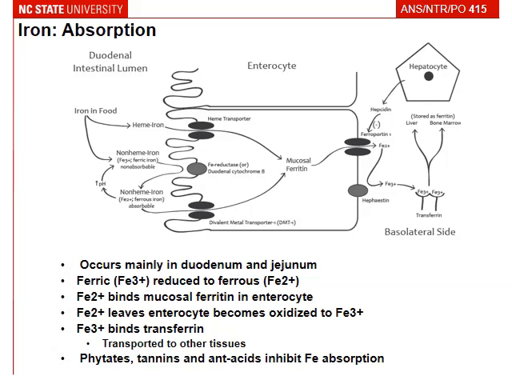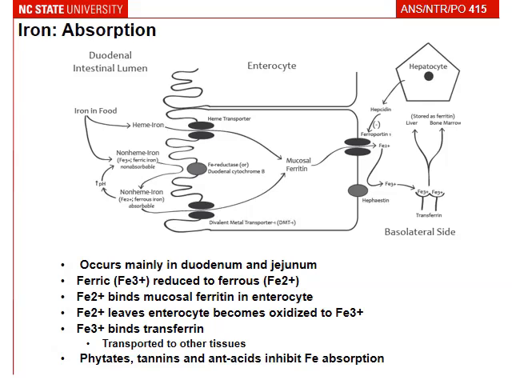So how is iron absorbed? Well, iron is absorbed mainly within the duodenum and the jejunum. And as I mentioned before, we have the different types of iron, ferric and ferrous.